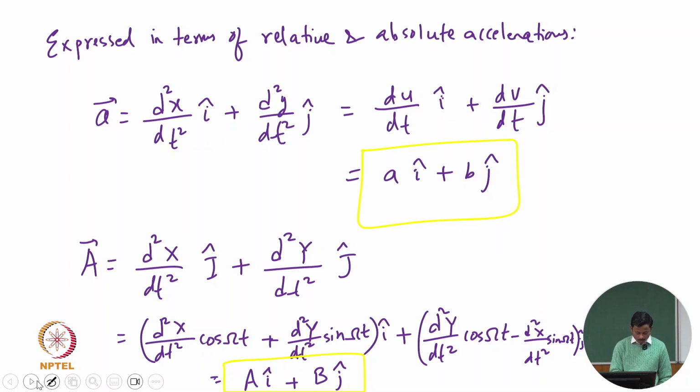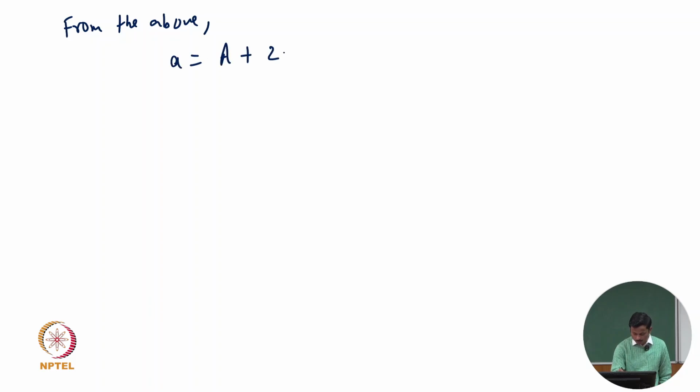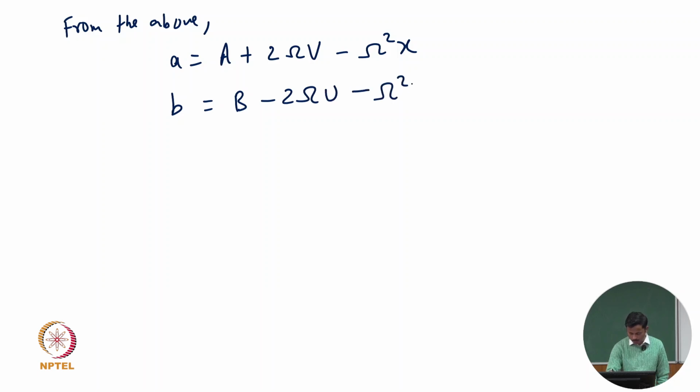So now from the above we can write small a equal to capital A plus 2 omega capital V minus omega squared x, and small b equal to capital B minus 2 omega u minus omega squared y.